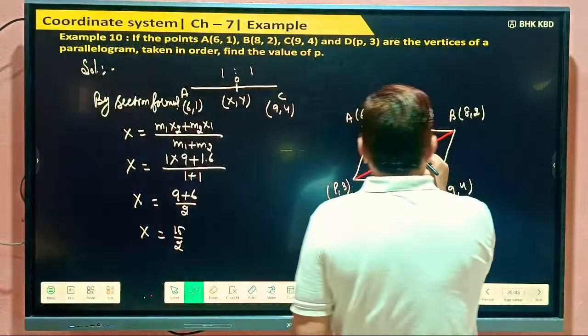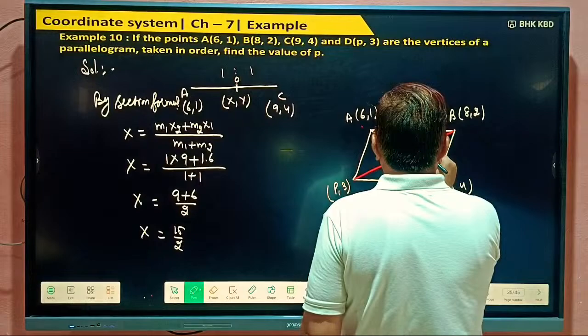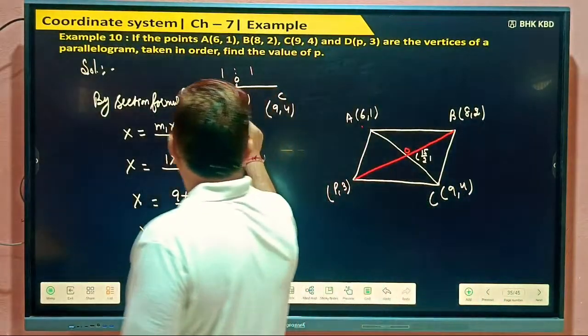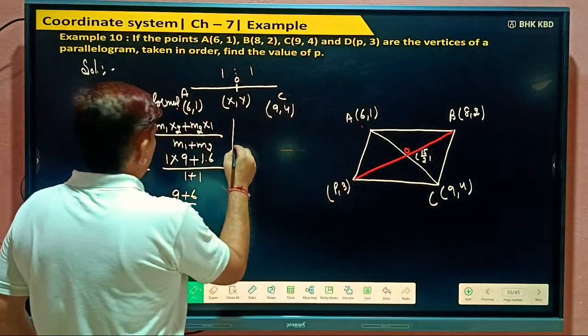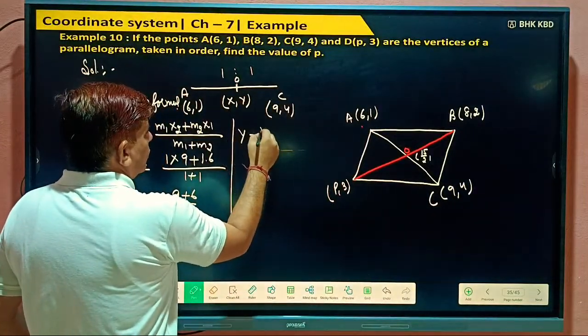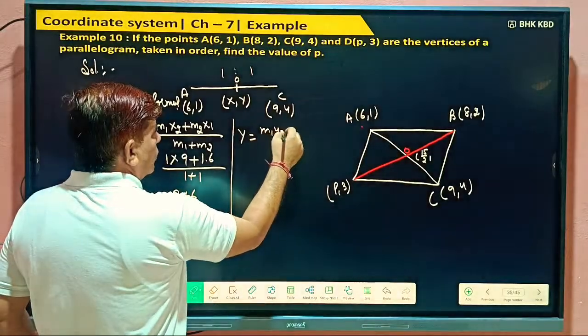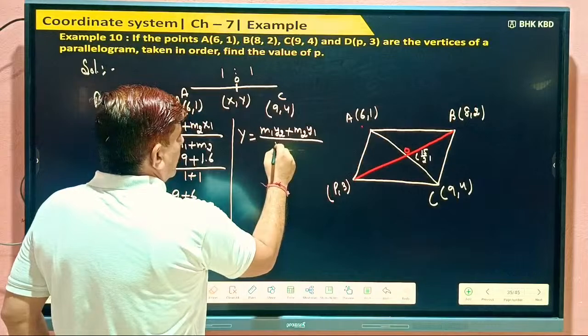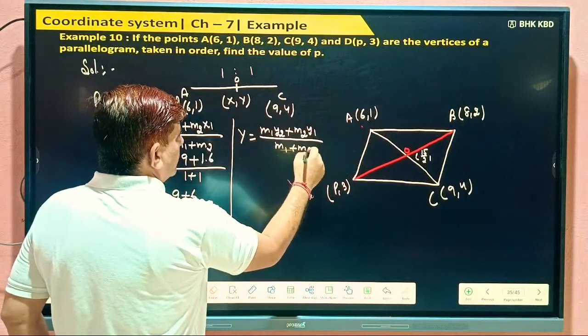So its X coordinate is 15 by 2. Y we can also find by the section formula: Y equals m1 y2 plus m2 y1 by m1 plus m2.